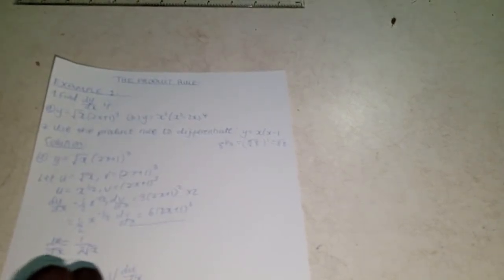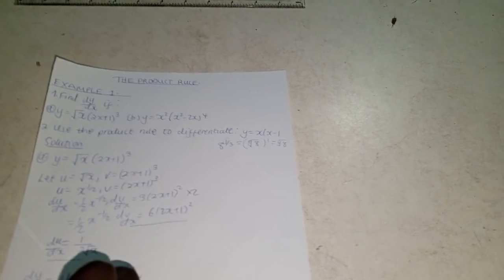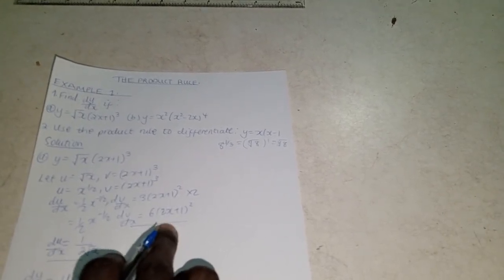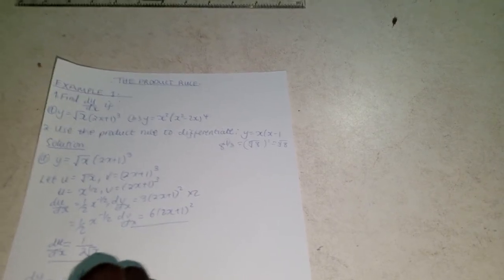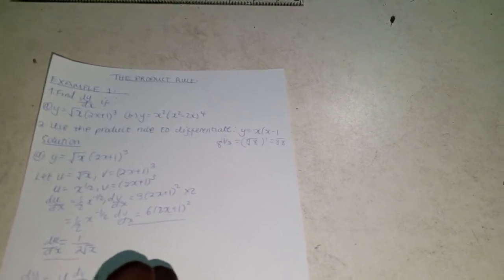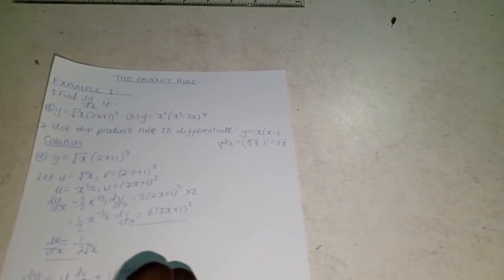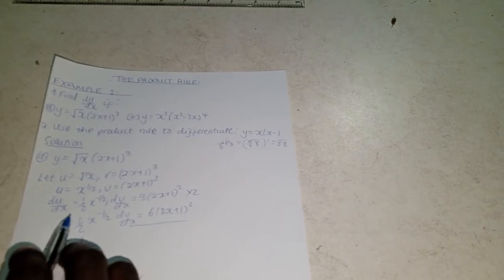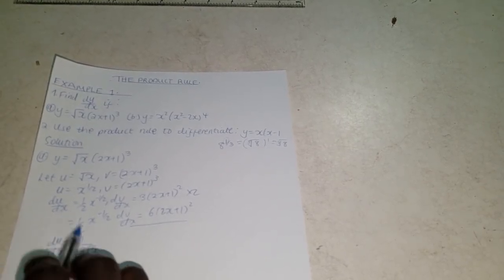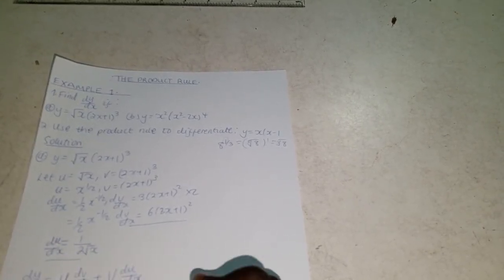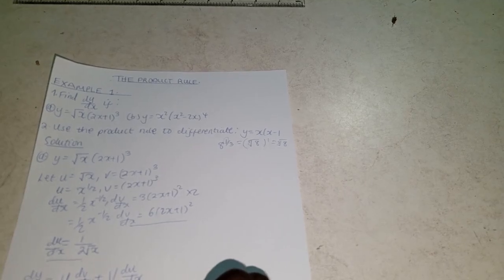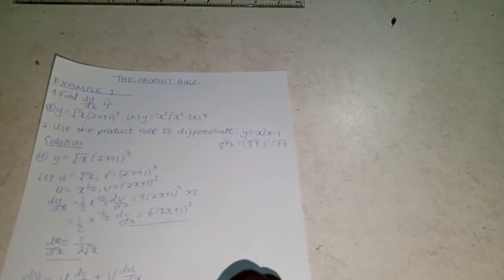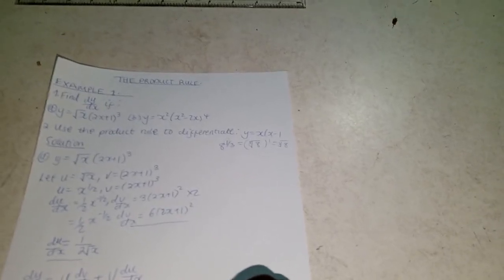So is equal to, the u that we have is root of x, and then dv/dx is this one underlined there, which is multiplied by 6 multiplied by (2x + 1) raised to the power 2, like that, then plus v. The v is (2x + 1) raised to the power 3, and then the du/dx is this which we found here, which is multiplied by 1 over 2 root x, like that.